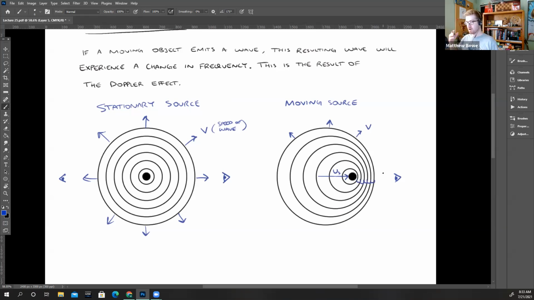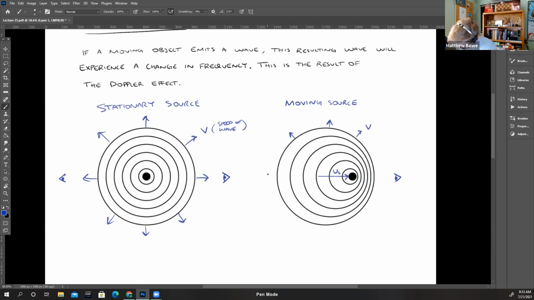So that means over the same span of time, you're going to hear more beats, more waves. And the more you hear in a second, that means it's more frequent, so it's a higher frequency.